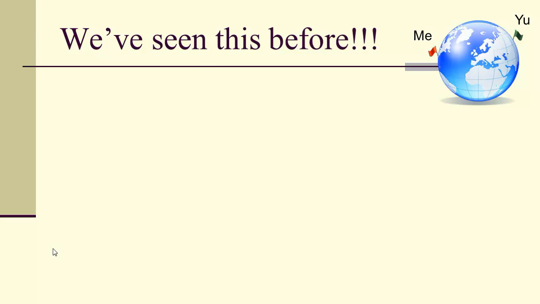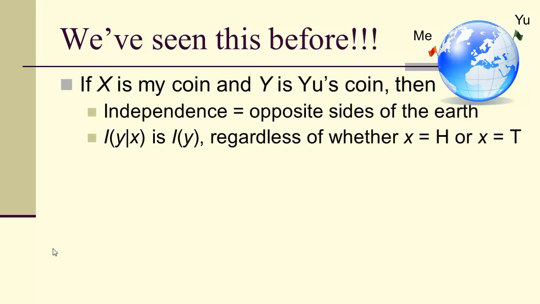We've seen all this before. For example, if X is my coin and Y is your coin, then independence can be thought of as things that are happening completely independent of each other on opposite sides of the earth, for instance.